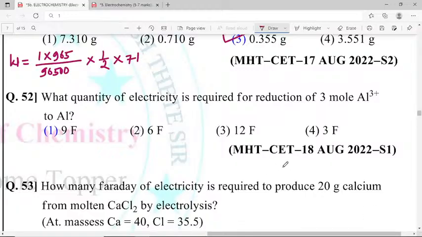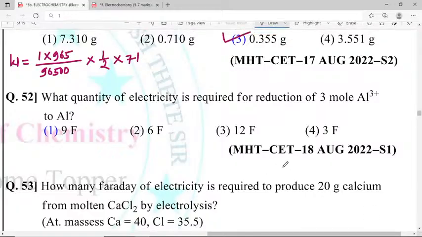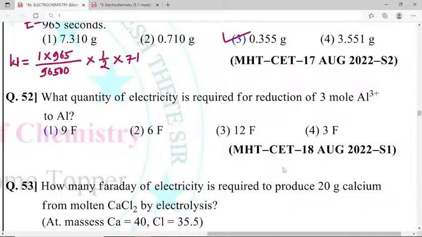Okay, next question: what quantity of electricity is required for reduction of 3 mole aluminum ion to aluminum? Very easy question. Al 3 plus plus 3 electrons gives Al. So for 1 mole it is 3 Faraday.